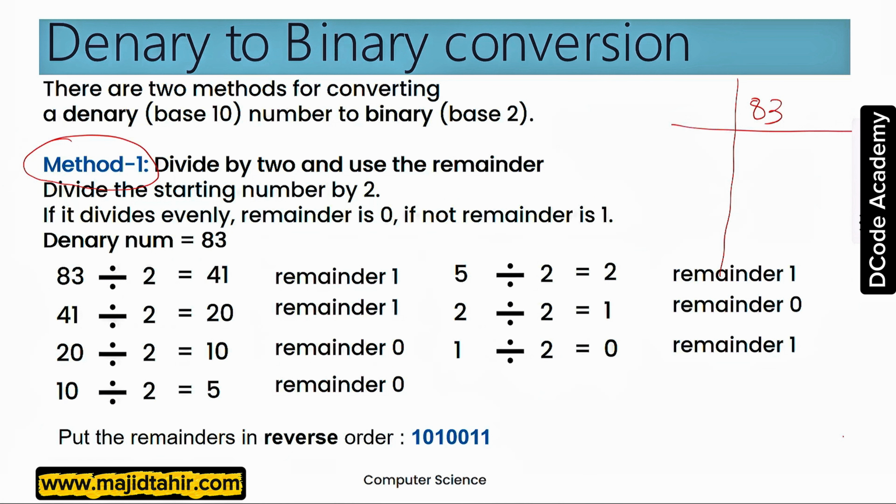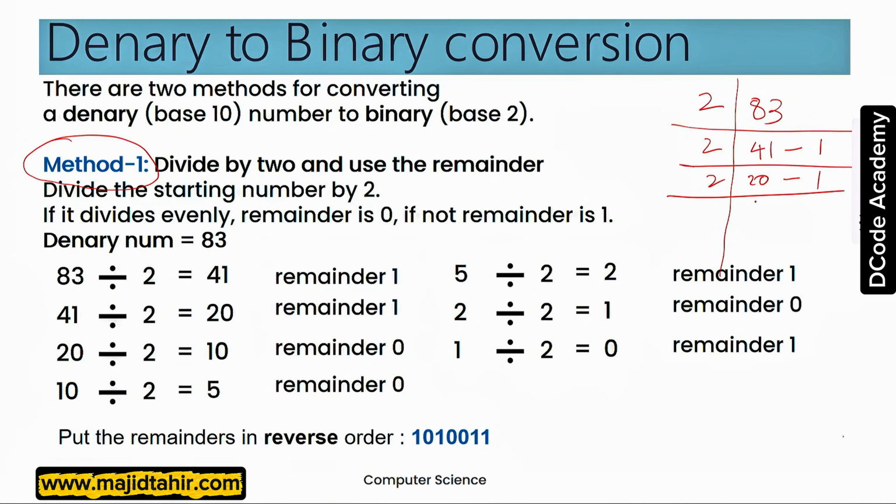When you divide 83 by 2, because it's an odd number, you will always have 1 in the remainder, and when you have an even number, it's completely divided, so you are going to have 0 in the remainder. So 83 divided by 2, you get 41, and remainder is 1. Further, 41 is divided, you get 20, remainder 1.